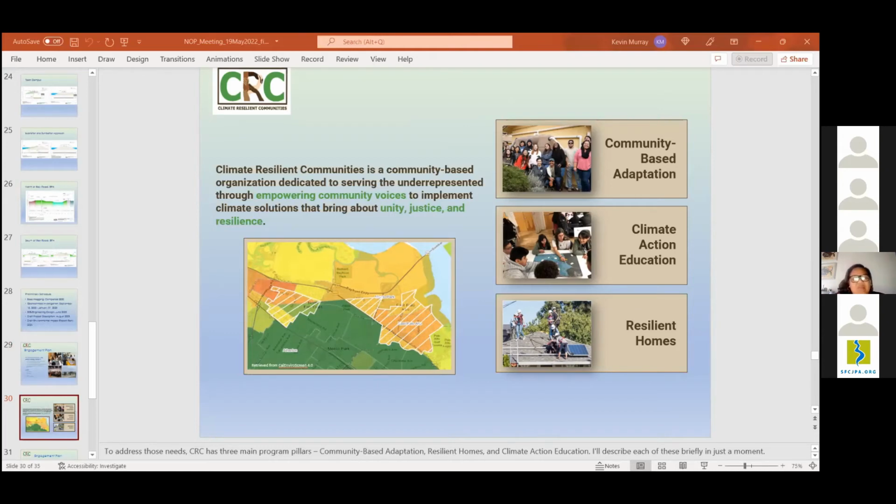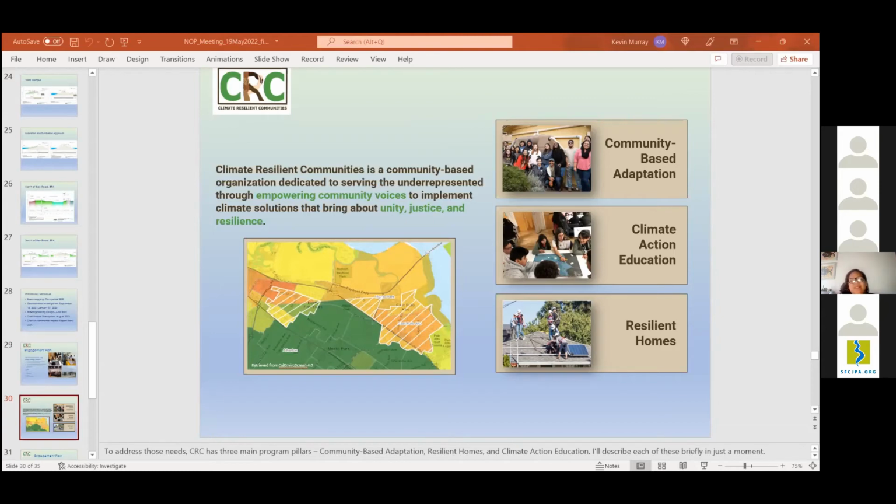Under our community-based adaptation program, we serve our communities through our climate change community teams. We have a team in East Palo Alto, a climate change community team in Belhaven of Menlo Park, and also a North Fair Oaks climate ready team.